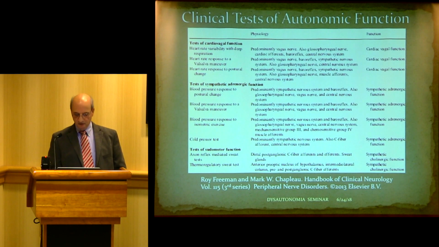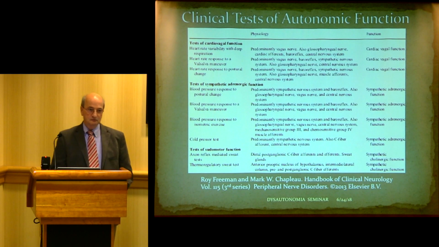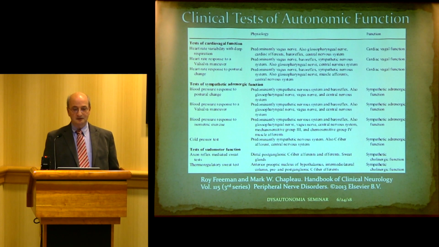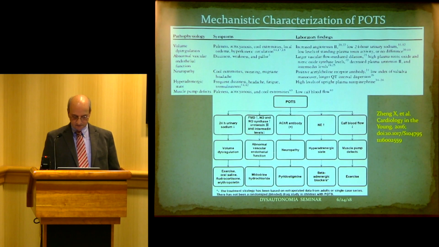All of them have a role. None of them have really been any better than the other. Of course, the ultimate test is the lie detector test, which is basically what we do with the tilt. And of course, they do it also with galvanic skin resistance, which is a stand-in for looking at sweat.